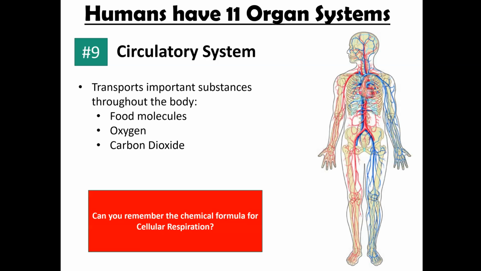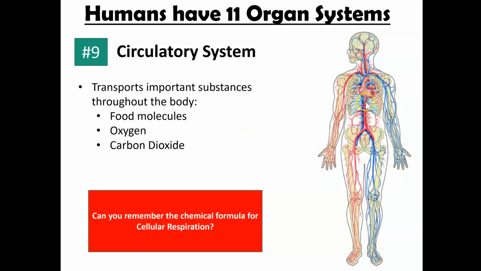The circulatory system. This is the system that transports very important substances like food, oxygen, and carbon dioxide throughout the body. You probably don't remember the chemical formula for cellular respiration, but cellular respiration is where you have glucose plus oxygen, and it reacts to produce carbon dioxide, energy, and water.